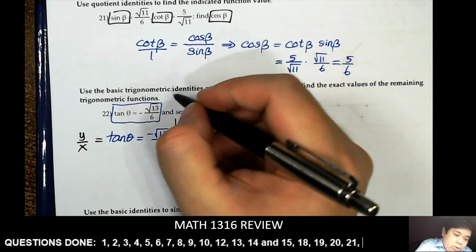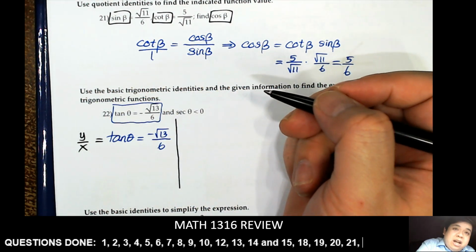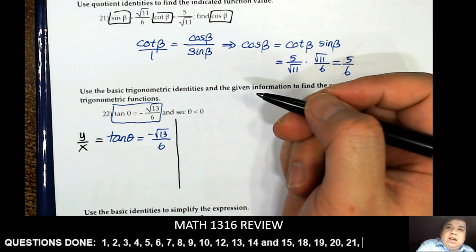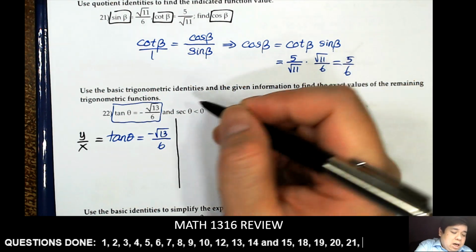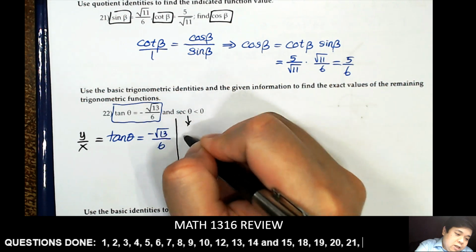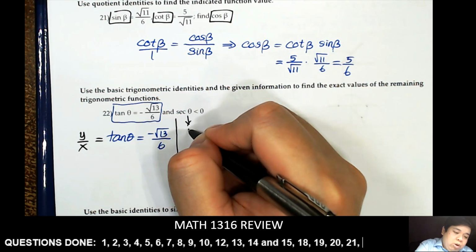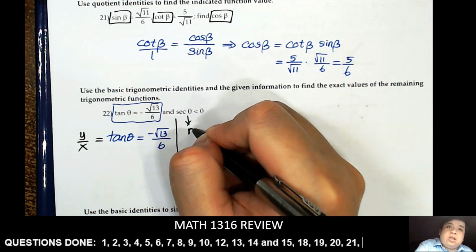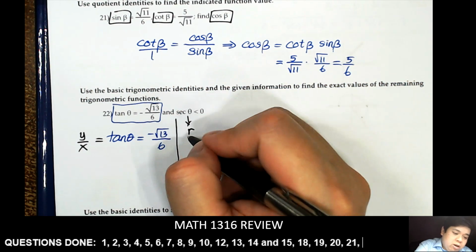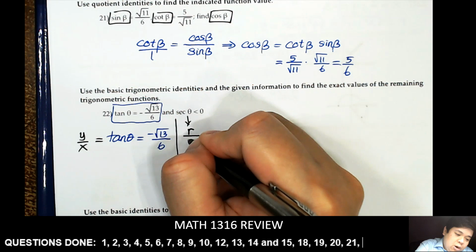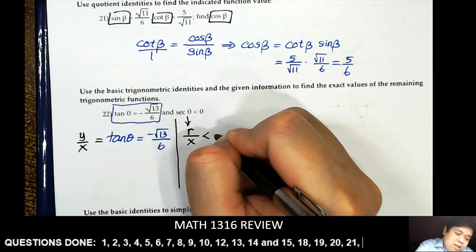We do know though, secant is negative, and secant is 1 over cosine, or reciprocal cosine. Cosine is x over r, so secant is r over x, and it is negative.